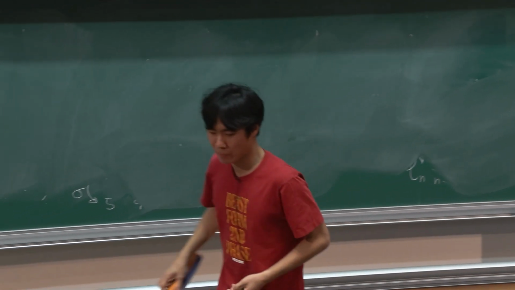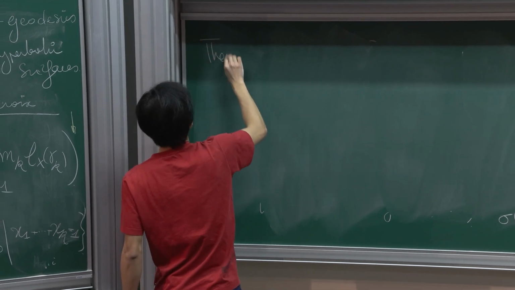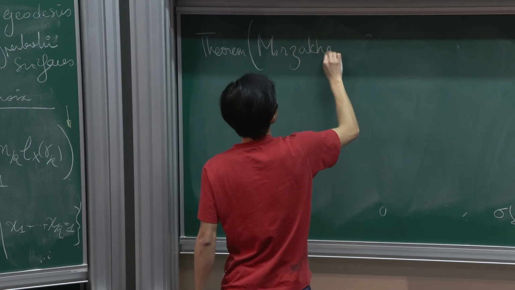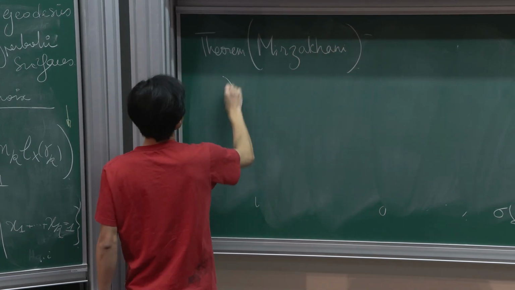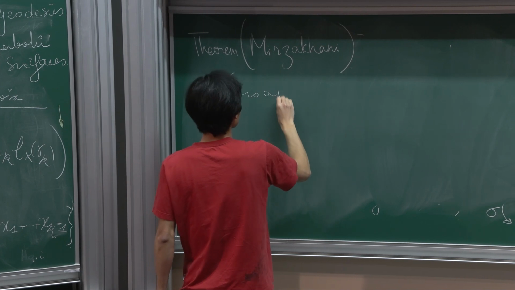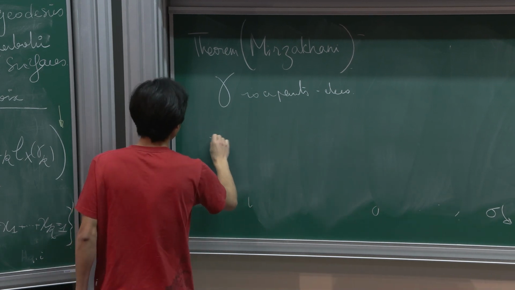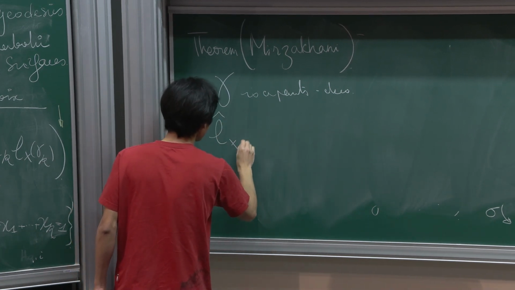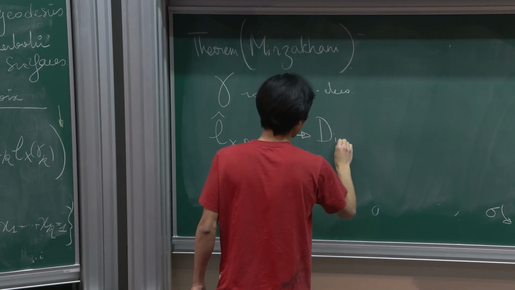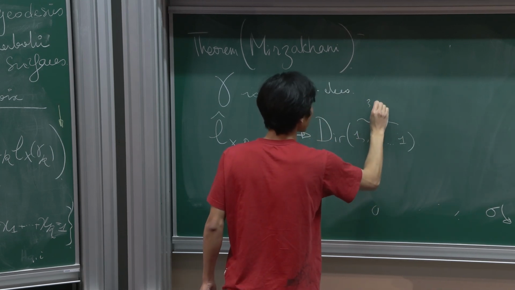In her last paper, she asked this question and proved that if gamma is maximal, which means it is a pants decomposition, then we know what happens. This will converge to the Dirichlet distribution of parameter 1, 1, ..., 1, and there are 3g minus 3 of them.